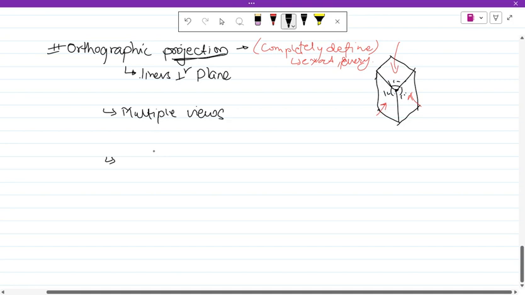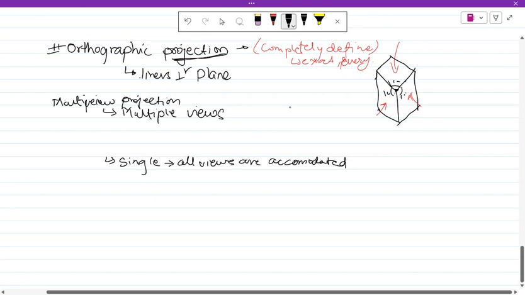We look at it from a single view, but we accommodate all views. All views are accommodated. If I look at the multiple views, this type of orthographic projection is known as multi-view projection, to completely define the object and its dimension.